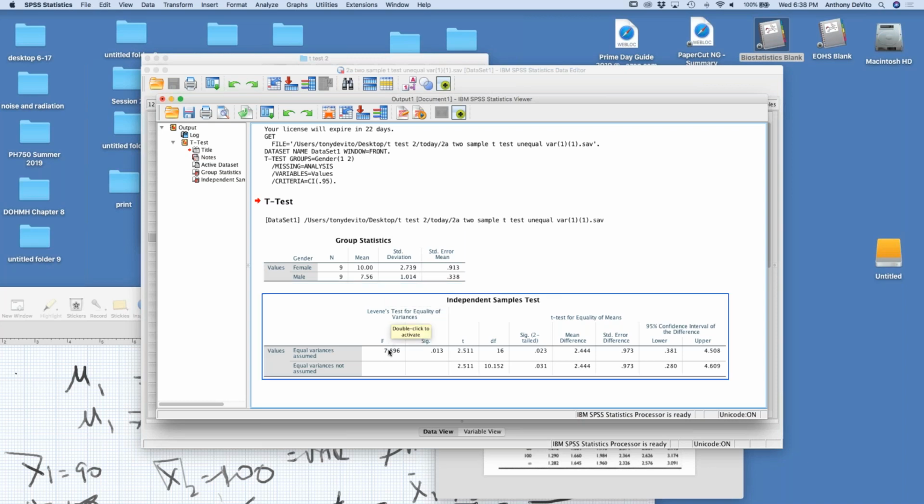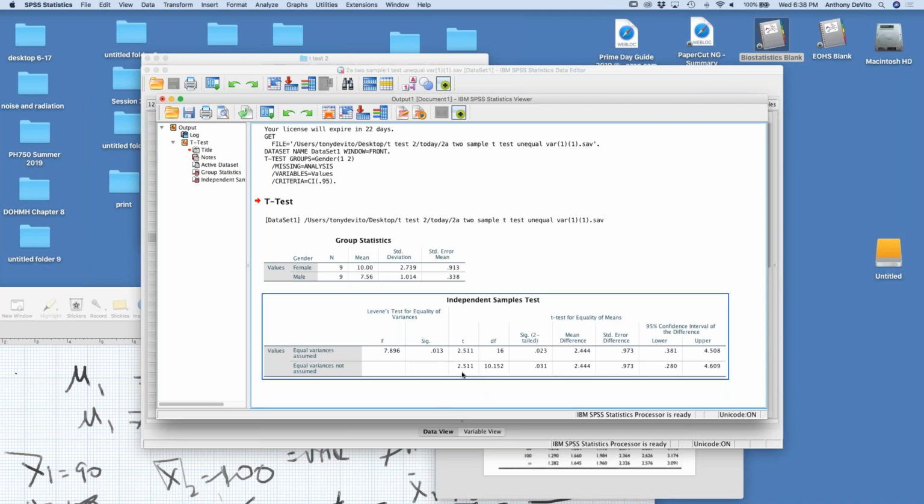Well, how does that unpack down here? What did SPSS find? SPSS found for equal variances assumed that the significance value, the p-value, is 0.013. It's less than 0.05, so you can reject the null hypothesis of equal variances assumed and use the lower line, equal variances not assumed.